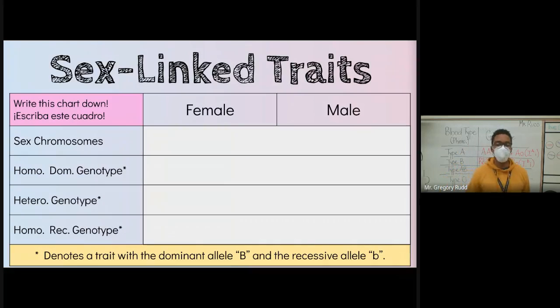All right, now I do want you to write this chart down. So go ahead and copy it before we start to fill it out. We've got 3 columns, 6 rows. Take some time to copy this out and we'll fill it in over the next couple of minutes.